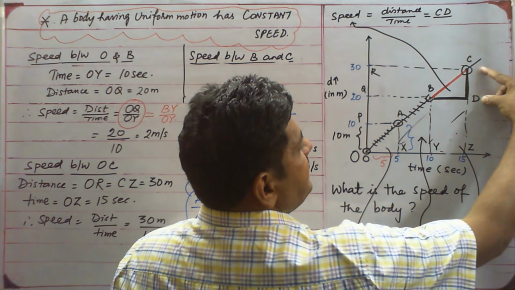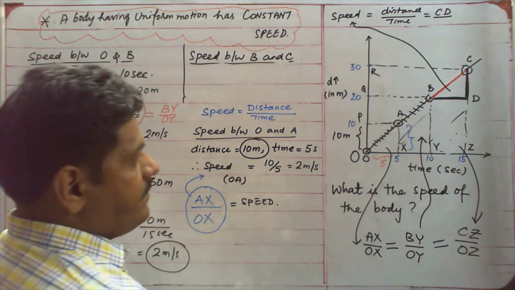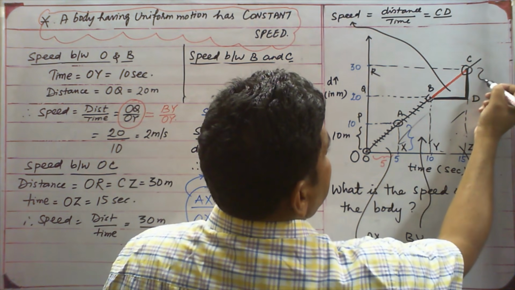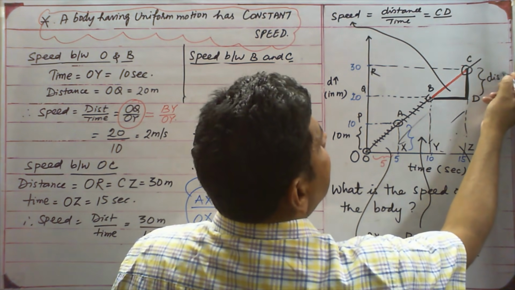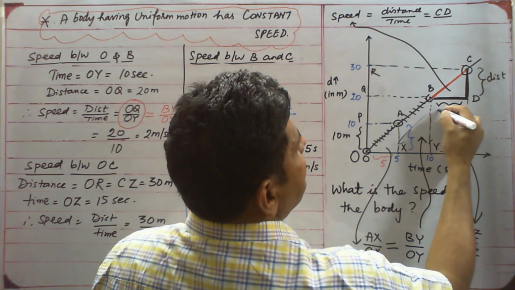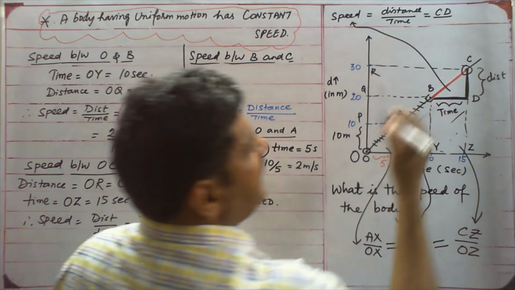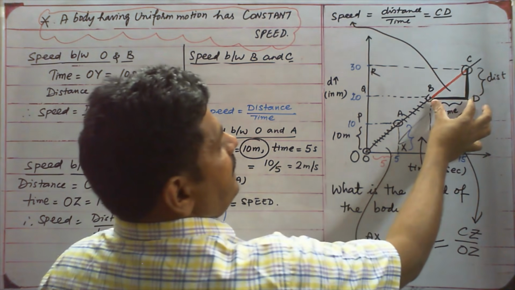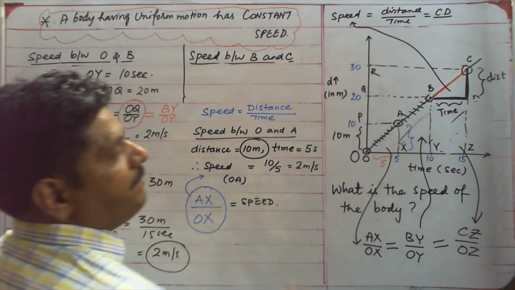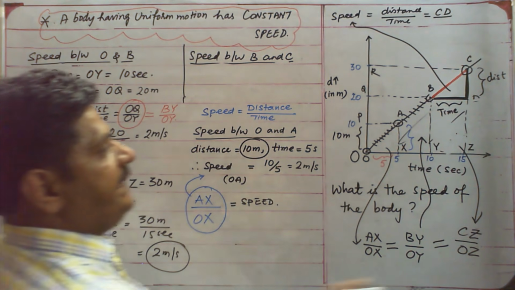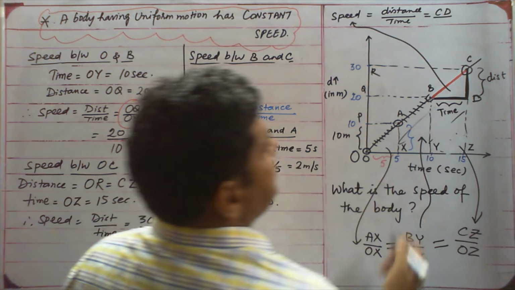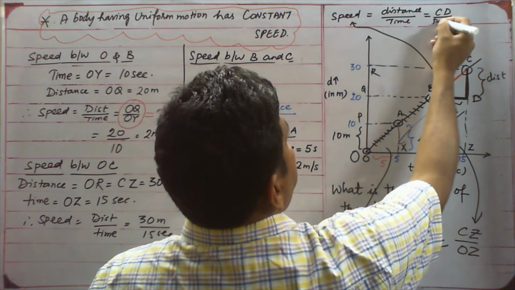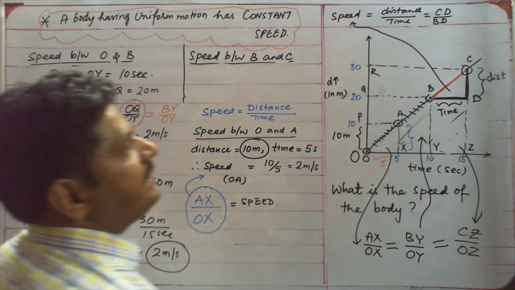This is the distance traveled. This part is the distance and this part is the time. So in this particular part, this is CD. CD is the distance traveled and B to D is the time.